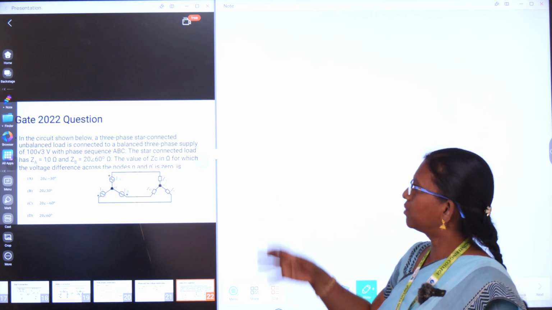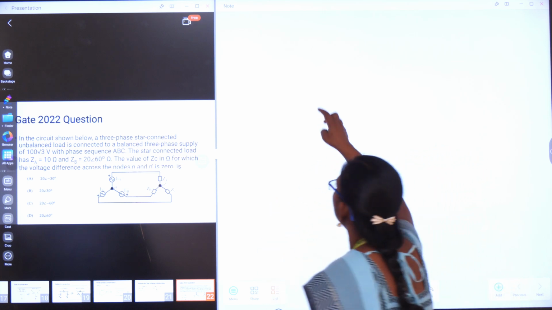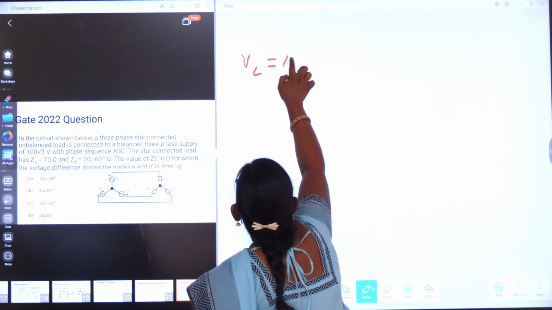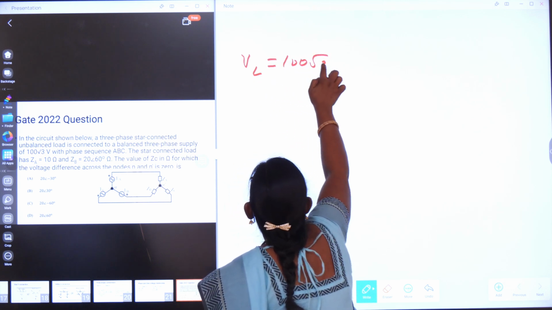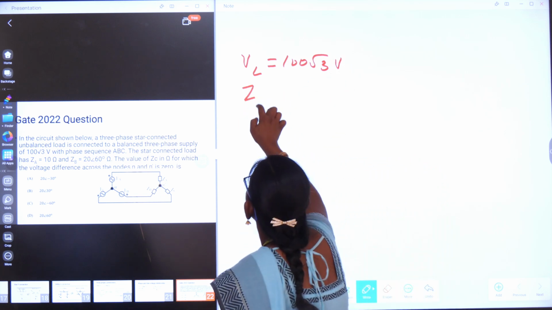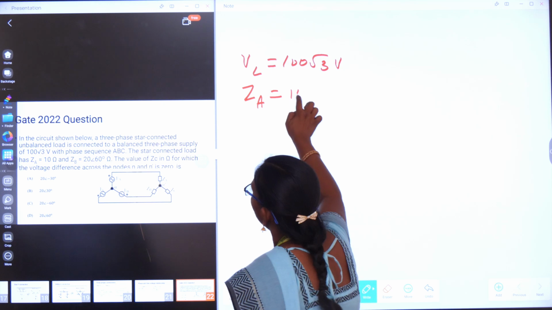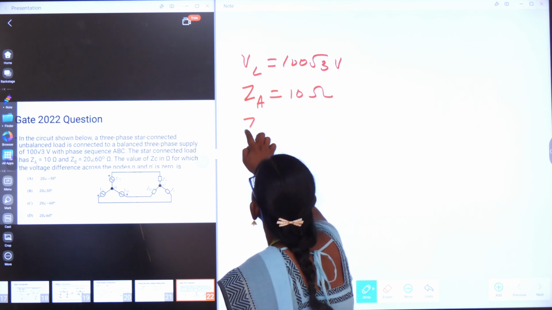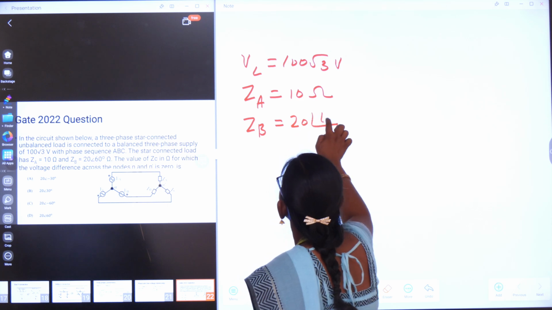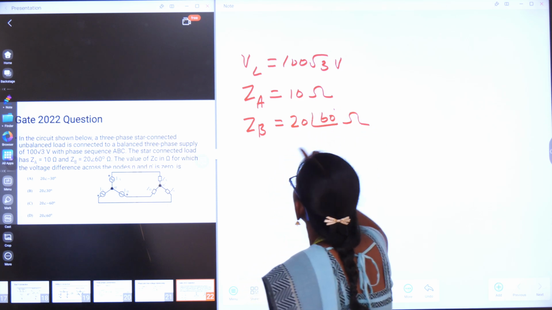The given parameters are the line voltage VL equal to 100√3. Apart from this, ZA is given as 10 ohms and ZB is 20 angle 60 degree ohms.